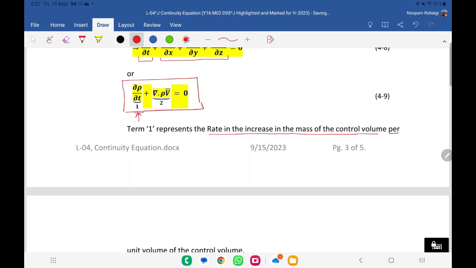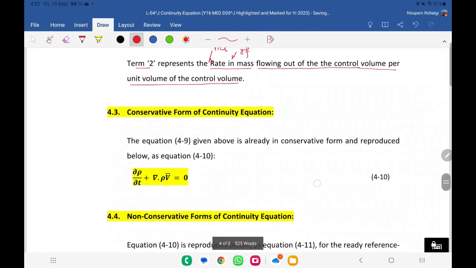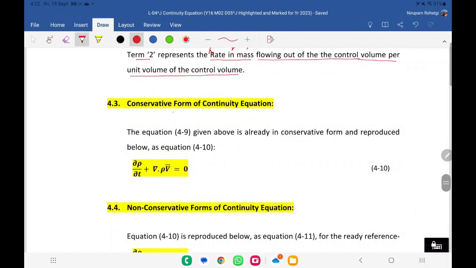Now this equation can be put in two forms. One is the conservative form, and the second is the non-conservative form. There is some difference between the two forms. We will discuss this later on, once we have completed all this, we will see what the basic difference between the two is.